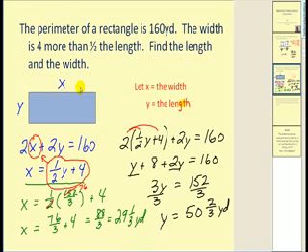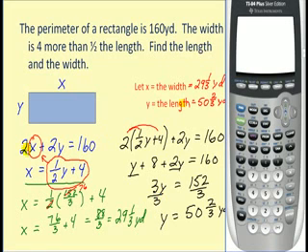Let's go ahead and write this one more time to clean it up. We know the width now, which is x, equal to 29 1/3 yards, and the length, or y, is equal to 50 2/3 yards. This one's a little more involved because of the fractions, but I don't think it was that bad. What we could do is replace x and y in this first equation to make sure that the perimeter still would be 160, so I'm going to go ahead and do that.